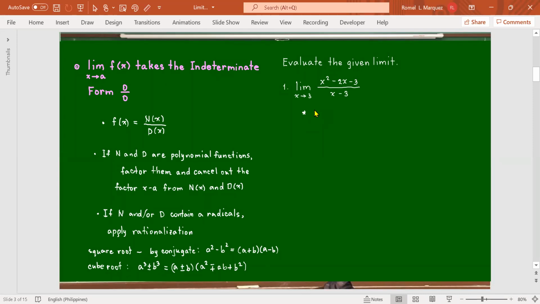Okay, so limit of x minus 3 as x approaches 3 happens to be 0, right?